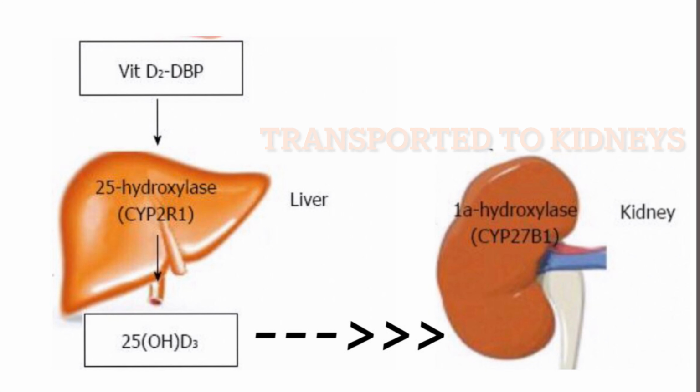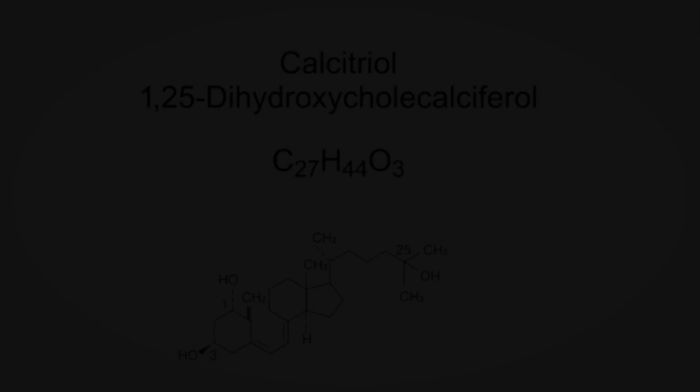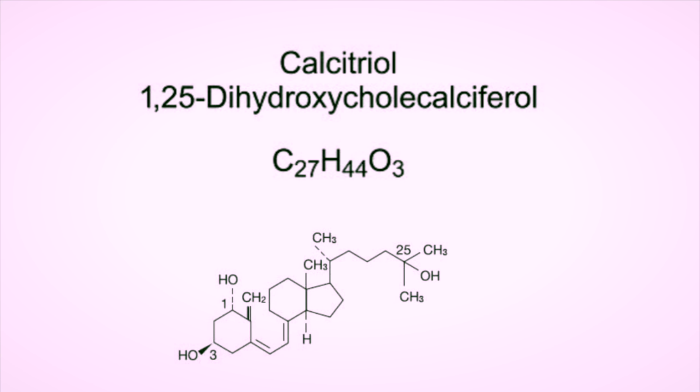Additional stereospecific hydroxylation on either C1 or C24 occurs in the kidney to convert 25-hydroxy D into the biologically active form of vitamin D, that is 1,25-dihydroxy vitamin D.